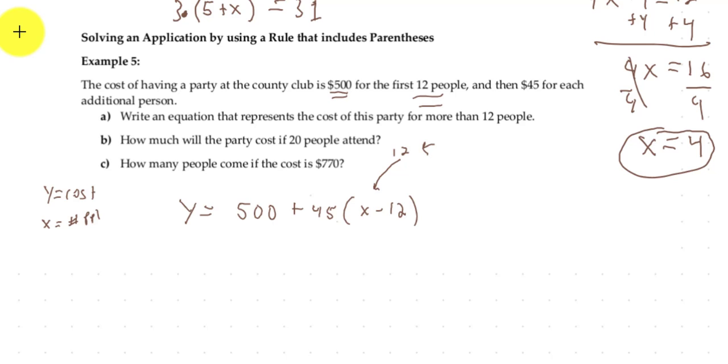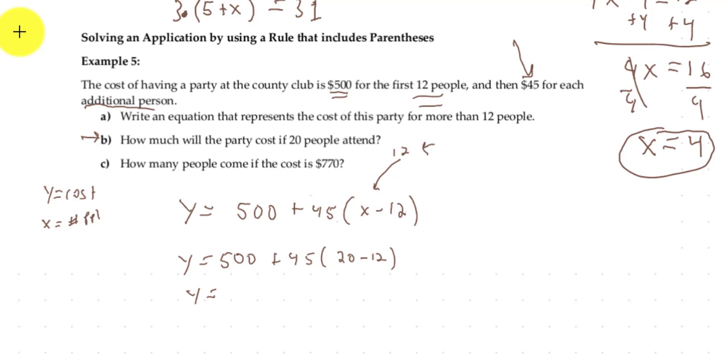Okay, but what if I had 20 people? Right, my cost would be 500. That covers the first 12 people. And then if 20 people attend, remember the first 12 are included, so only 8 people after the 12 pay this $45, right? Because each additional person over 12 pays the 45.